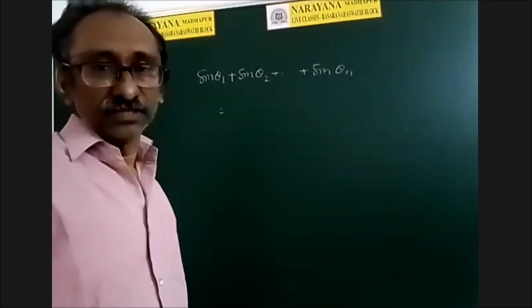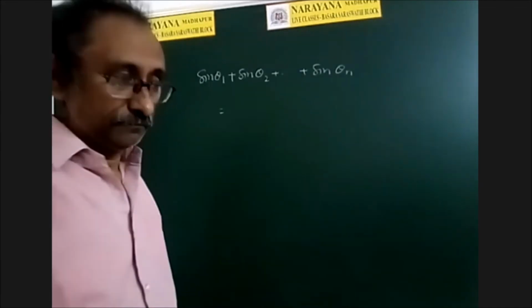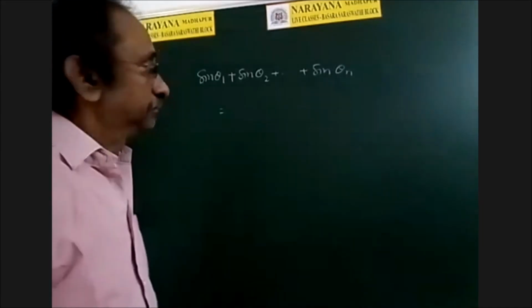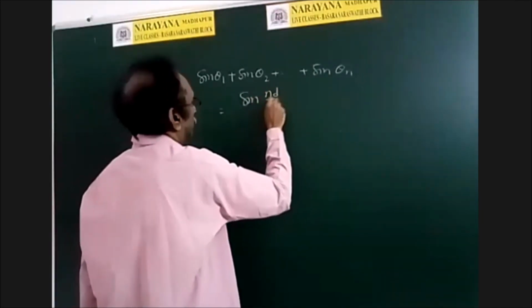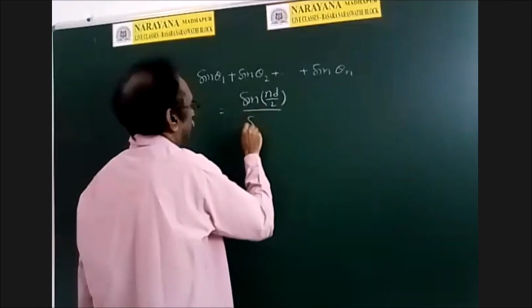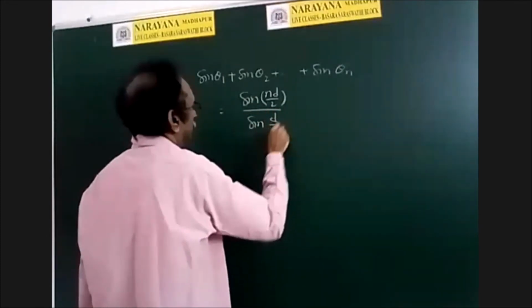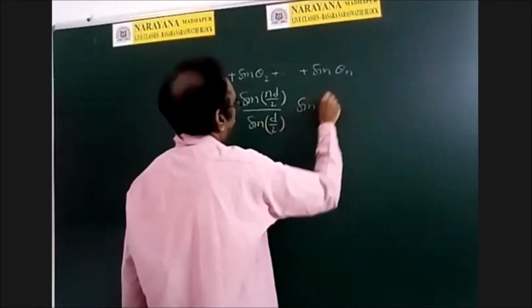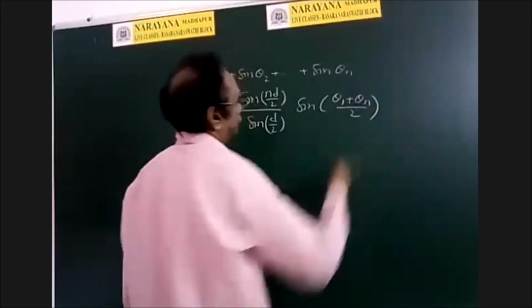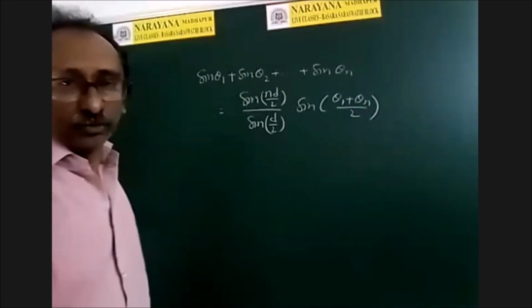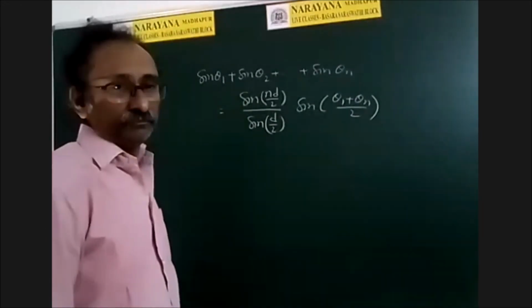I will ask Amareshwar. Amareshwar: Sir, sin nd by 2 divided by sin d by 2 into sin of theta 1 plus theta n by 2, isn't it, sir? Yes, sir.